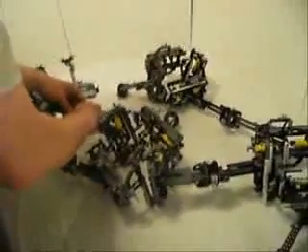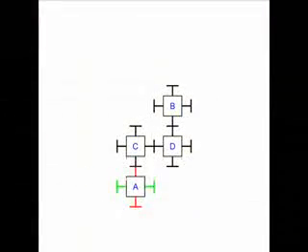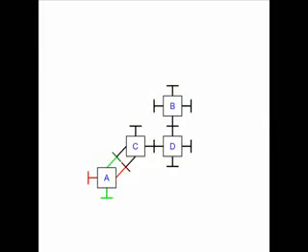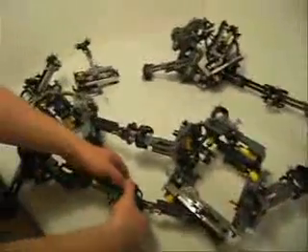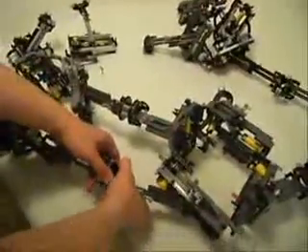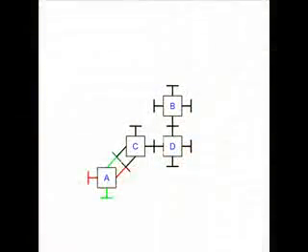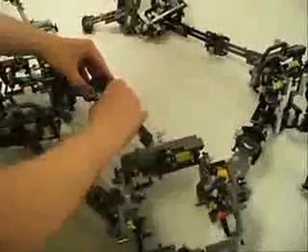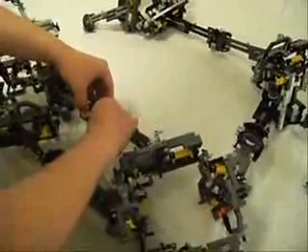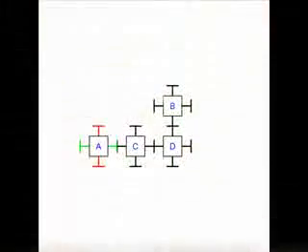We are now rounding the corner of cell C. Cell A is almost back to its original position.